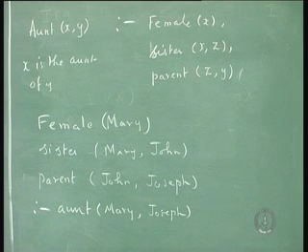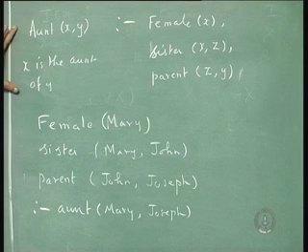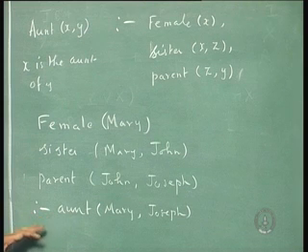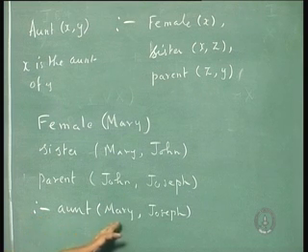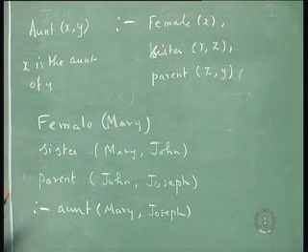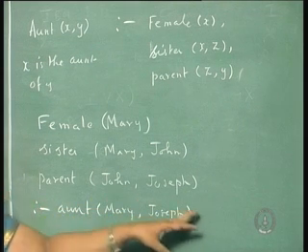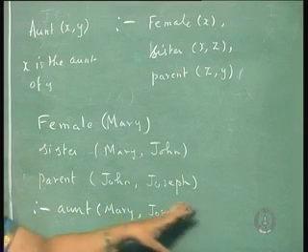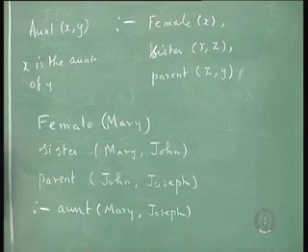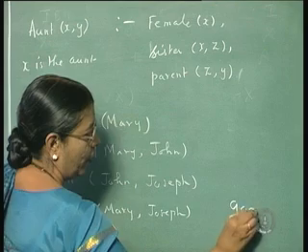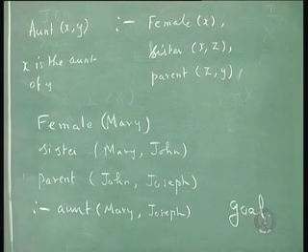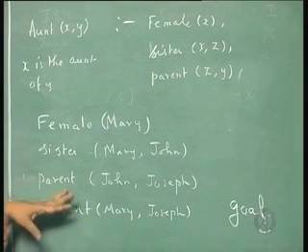Now, here in Prolog this is how it works. You have these facts, you have this rule, and suppose you are asking: is Mary the aunt of Joseph? Then it will say yes. To derive that, it has to satisfy this, which is called the goal, and the Prolog interpreter will try to find out whether this goal is satisfied.